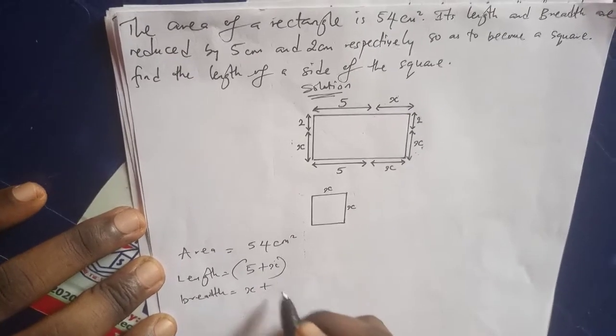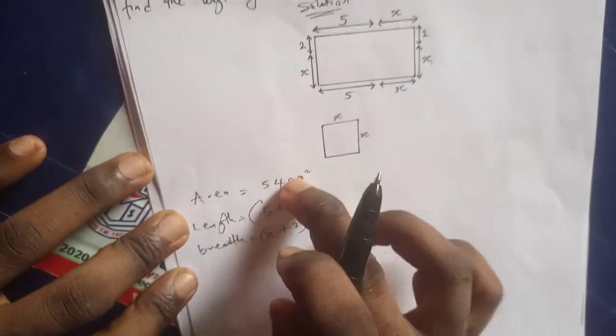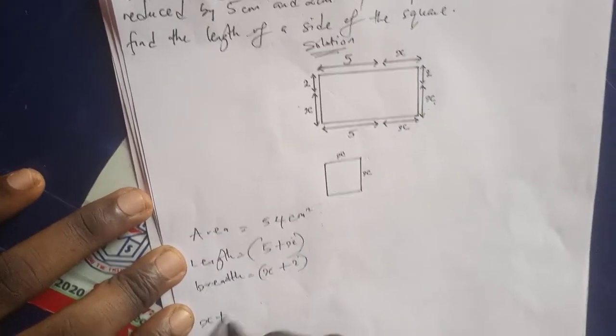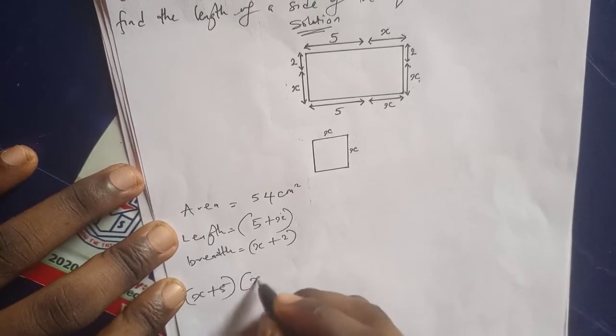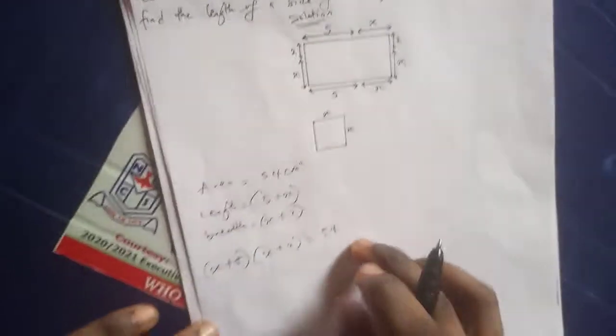Then here the breadth is x plus 2. Okay, now from the statement, I know that length times breadth will give me 54, which is the area here. So I'll have x plus 5 multiplied by x plus 2 to be 54, which is what I'm having here.